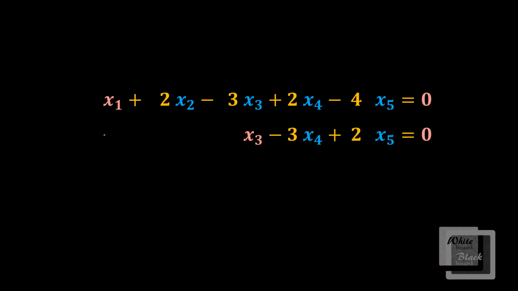In order to find the solutions, we will check the leading unknowns and free variables. You can see here that this system has two leading unknowns, x1 and x3, and there are three free variables, x2, x4 and x5.